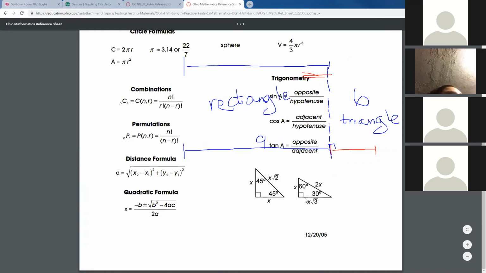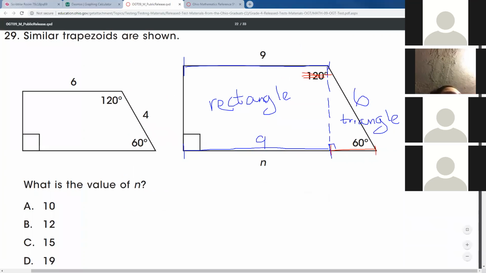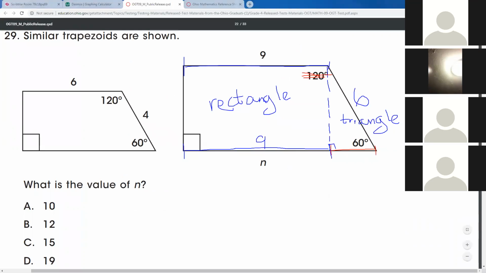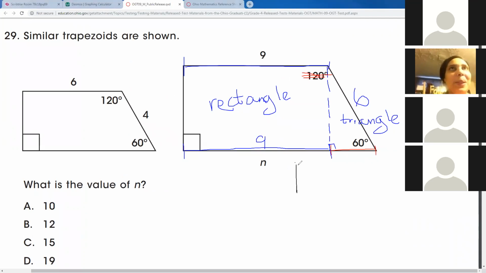So I'm going to draw this back on the problem page so that we can see it. So we had 30, 60, 90: x.